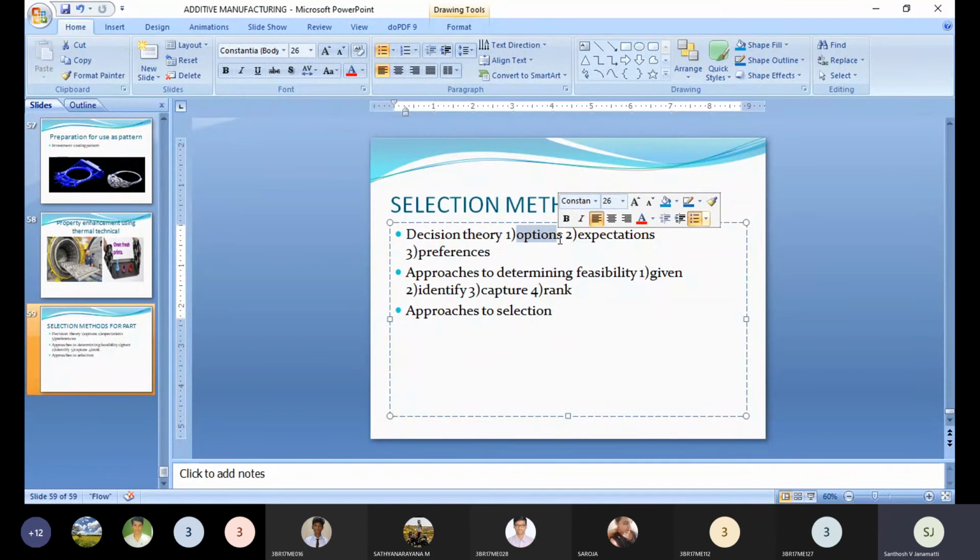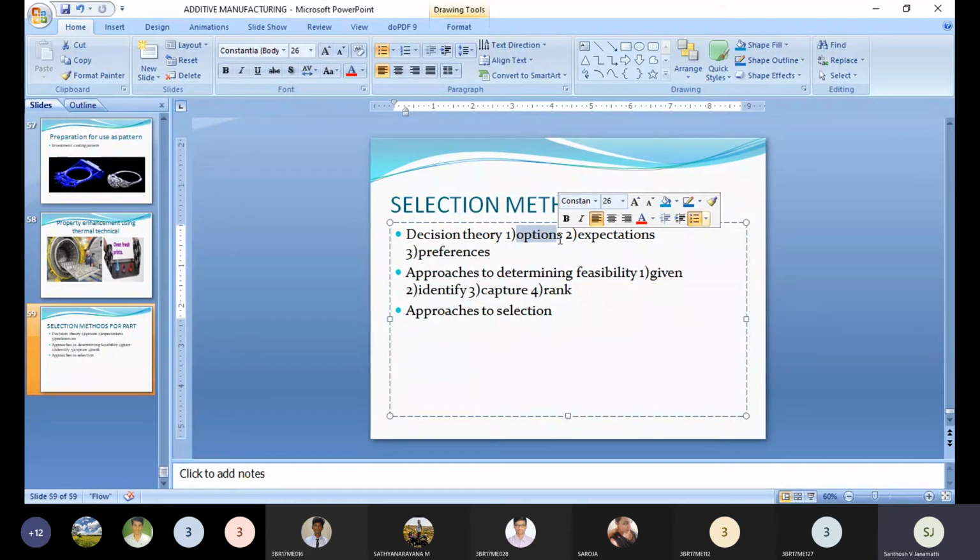Which option is suitable to reach our destination in all aspects? We need to achieve the quality, not only take the easy option.